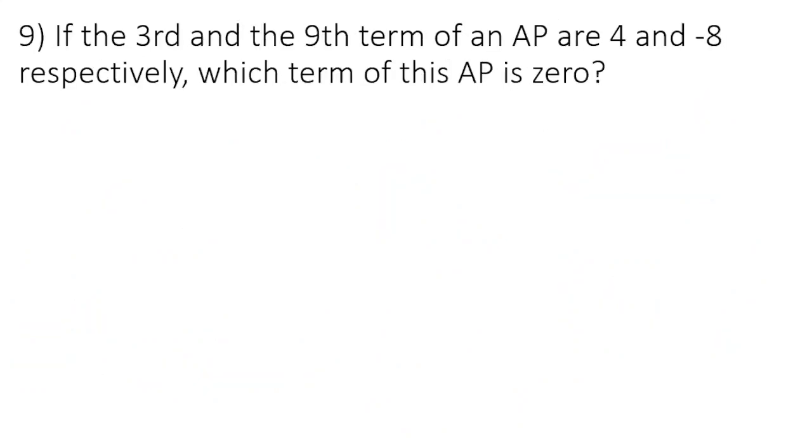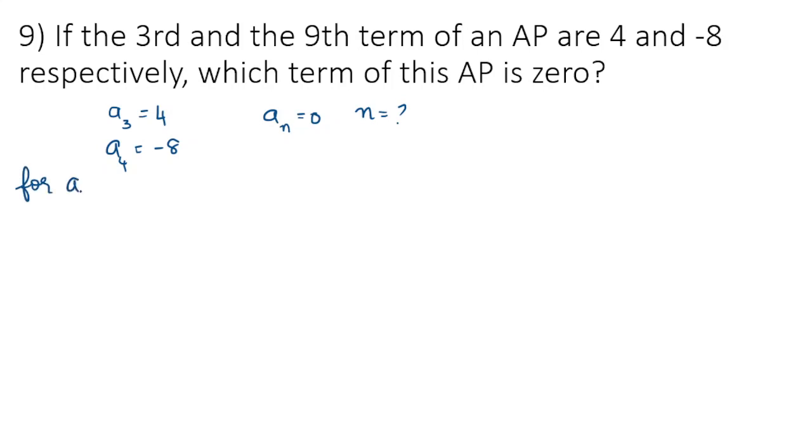Next is about the 9th question. If the third and 9th terms of the AP are 4 and minus 8 respectively, which term of the AP is 0? So A3 is given as 4, and A9 is given as minus 8, and An is equal to 0, and we need to find out the n, which term it is.